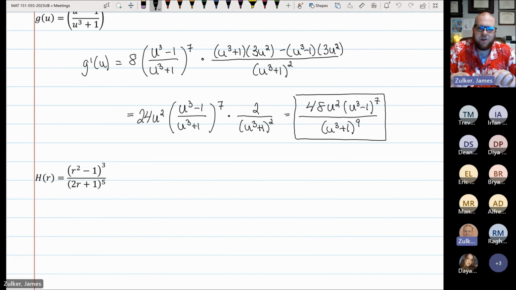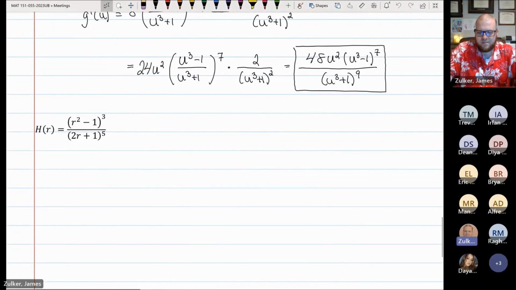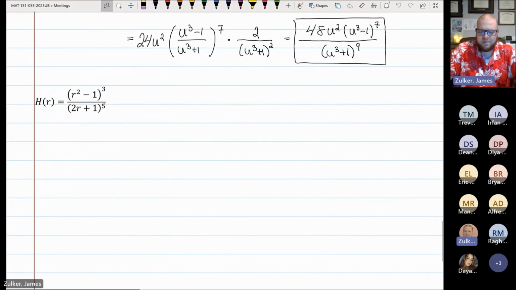Look at h of r. What rule are we going to start with?